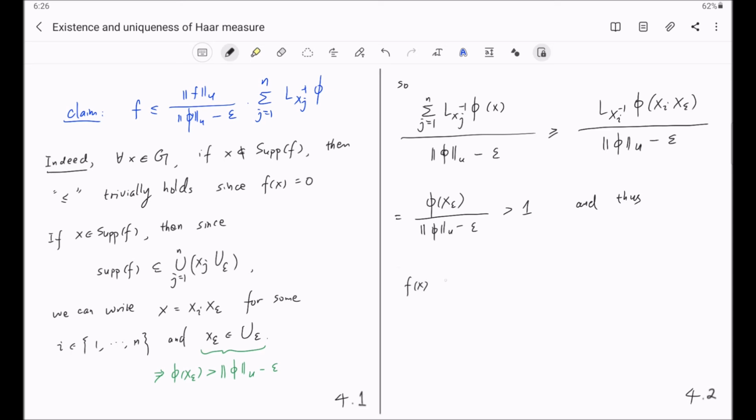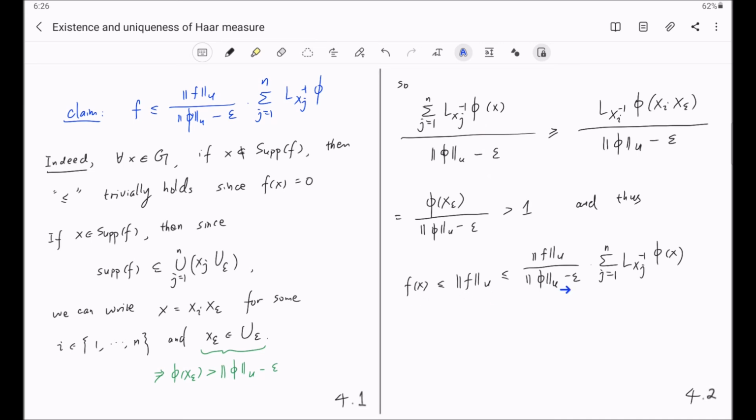And thus, we get what we want. f of x, which is of course less than or equal to its supremum, will be again less than or equal to this quantity, because this guy over this is just proved to be greater than 1.